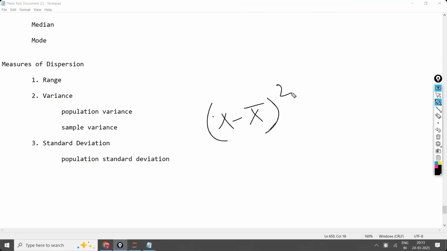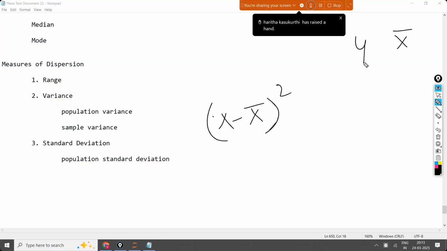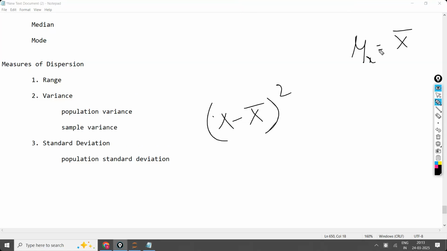Sir, what is the difference between x bar and mu? Mu of x, both values are the same. There is no difference in that. So they will not make any difference in the numerator. Only in the denominator, we are going to have n minus 1. In the numerator, there is no difference.